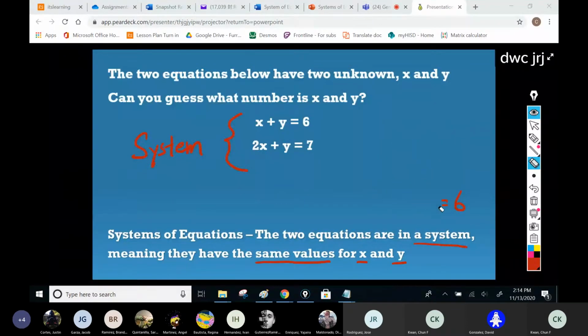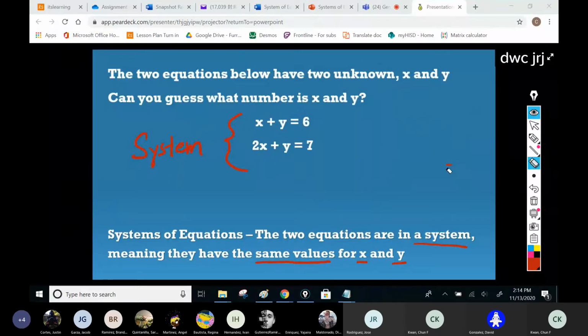We can tell exactly what number x and y are. We no longer have to take a guess, like x could be 1, y could be 5, or x could be 2, y could be 4. We can pinpoint exactly what number it is.